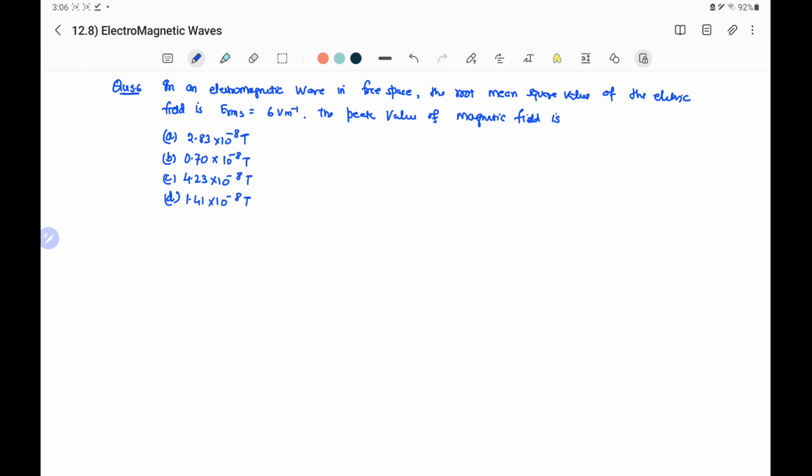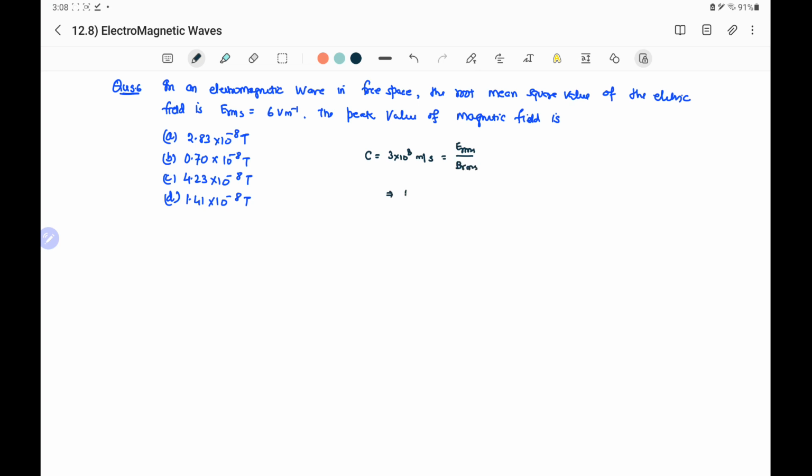Next question is, in an electromagnetic wave in free space, the root mean square value of the electric field is E RMS equal to 6 volt per meter. The peak value of the magnetic field is. We know that the speed of electromagnetic wave in free space is c, which is equal to 3 into 10 power 8 meter per second, and it is the ratio of the root mean square value of electric field E RMS and the root mean square value of the magnetic field B RMS.